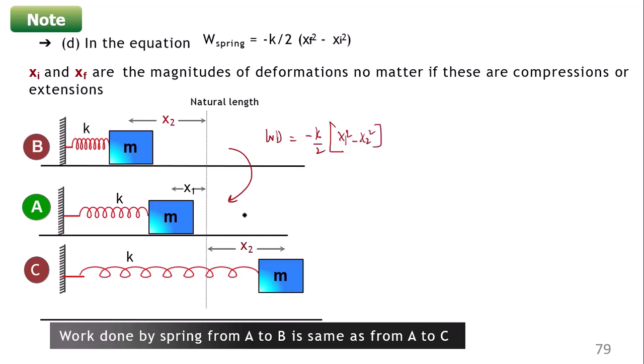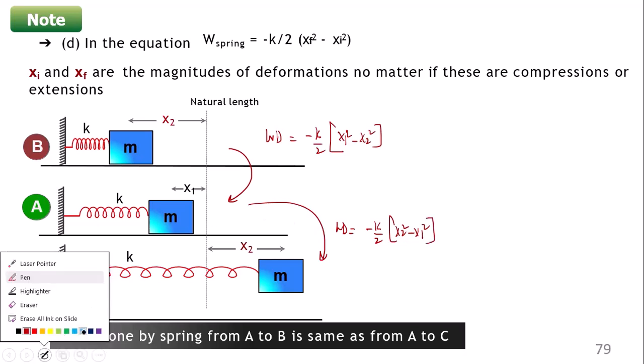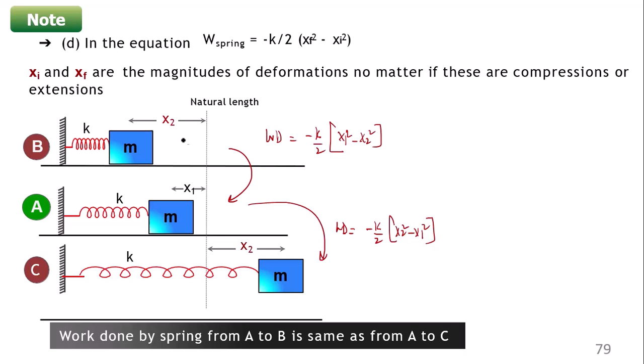Now if I create the situation the other way, from this to this, x1 will be compressed and x2 is elongated. In this situation, what is the work done? Work done should be equal to minus k by 2 into x2 square minus x1 square, since x2 is now final.